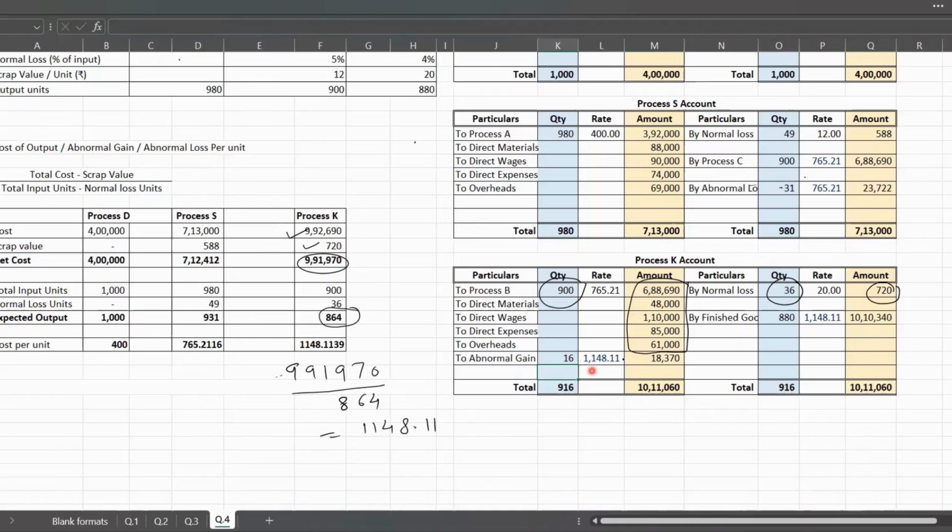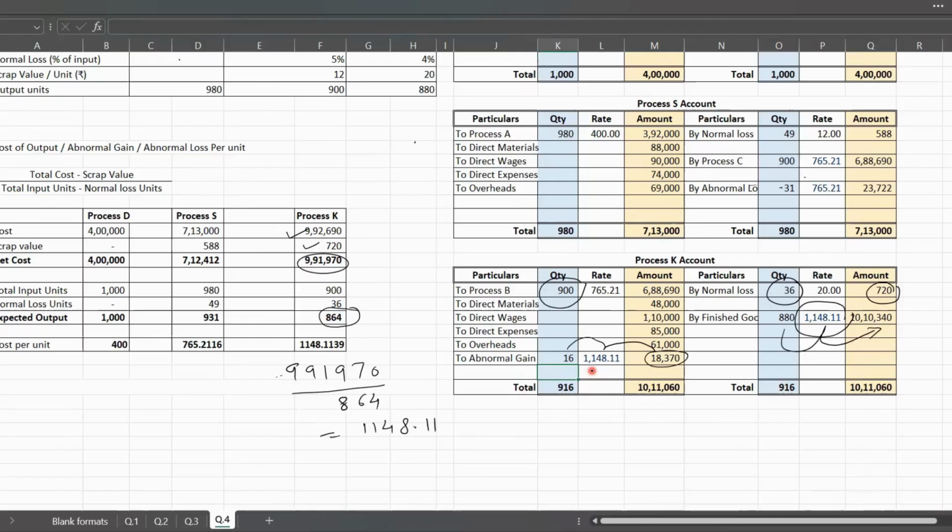The CPU is shown here for abnormal gain as well as for finished goods. And then you have to multiply quantity into CPU, you will get this value. And again, in abnormal gain, you multiply 16 into 1148, you will get 18,370. This value. So confirm this.